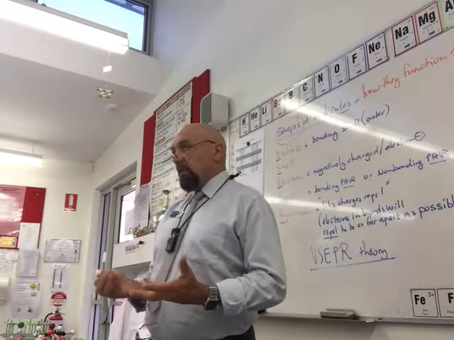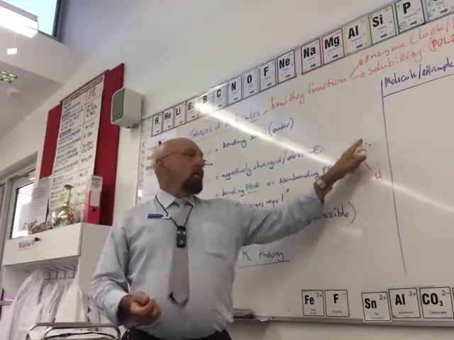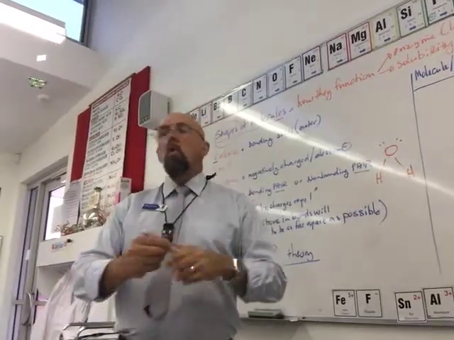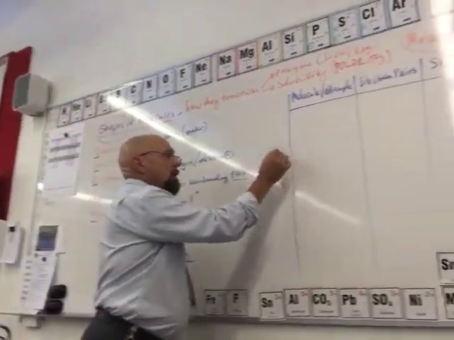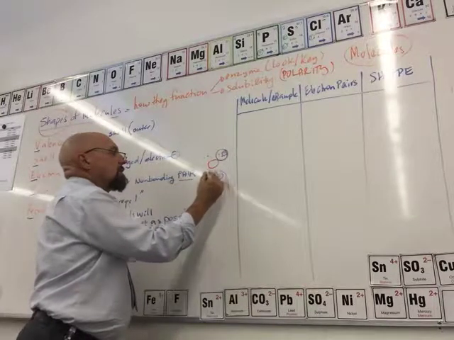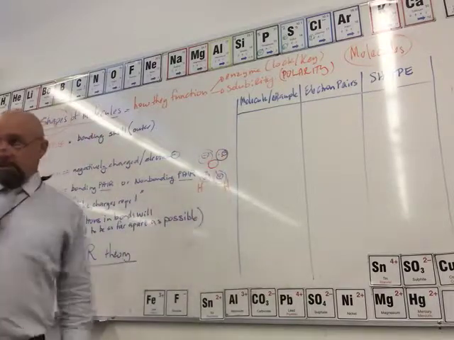So when I talk about pairs of electrons from now on, I'm talking about bonding pairs and also non-bonding pairs, because they are all essentially going to have a negative charge. That area there is going to have a negative charge, that's got a negative charge, and that's all got negative charges.